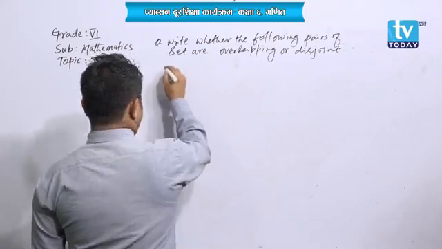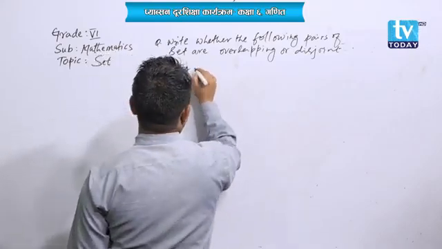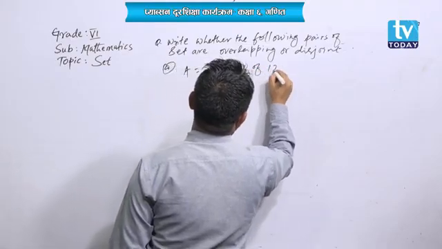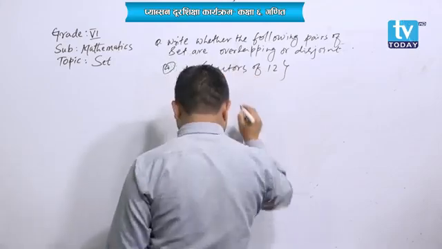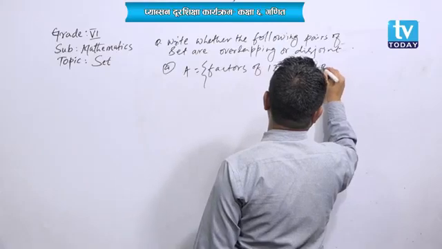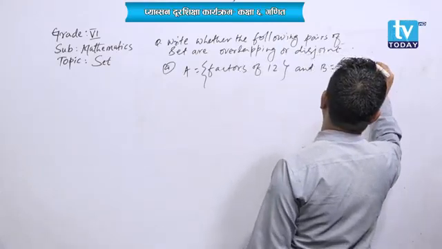Number one: A is the factors of 12 and B is the factors of 18.